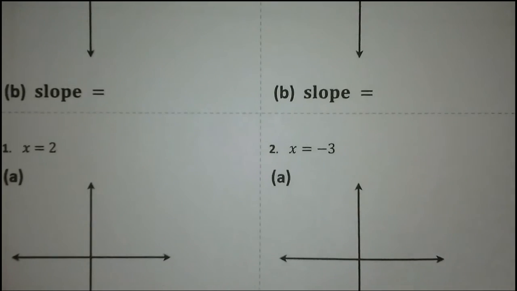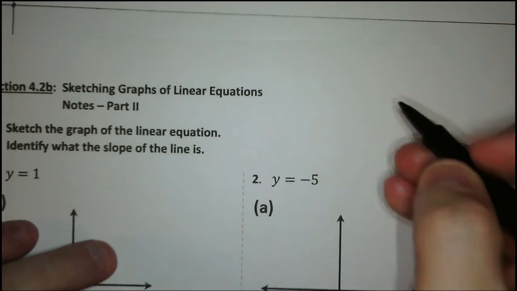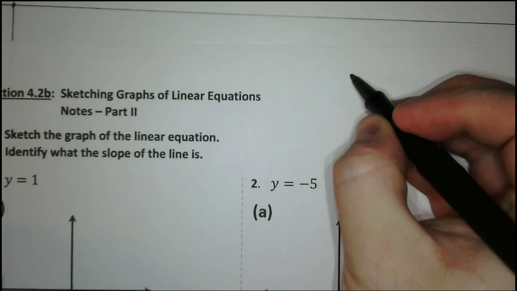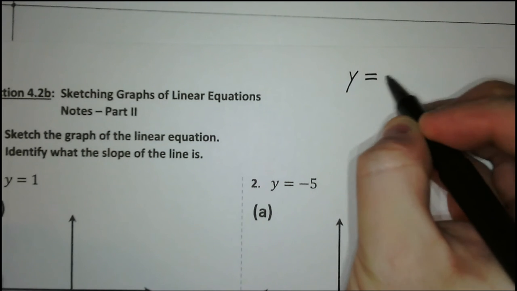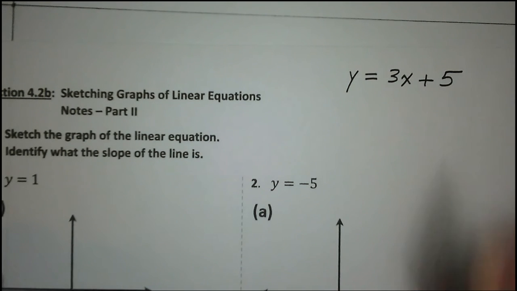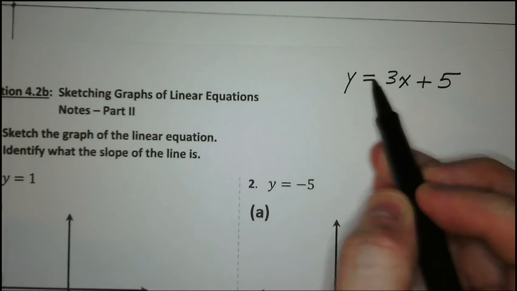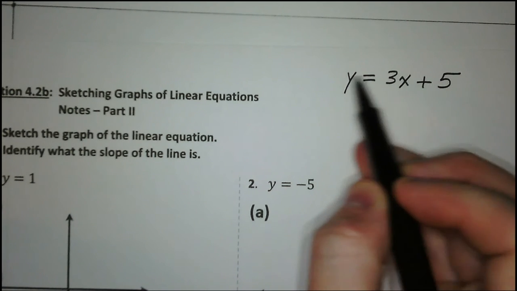And equations like this only have the letter x. Usually, and I'm just going to write this down for effect, equations that are linear have both an x and a y in it. That's the norm, to have an x and a y.